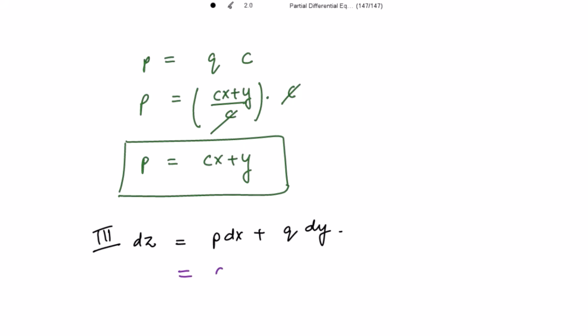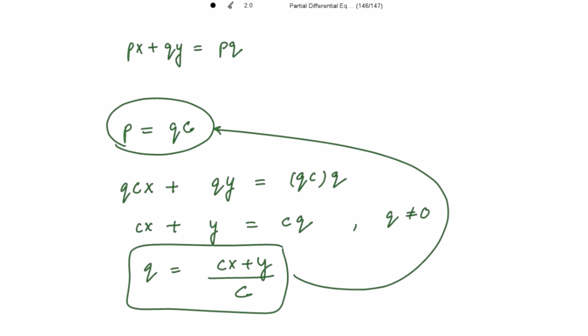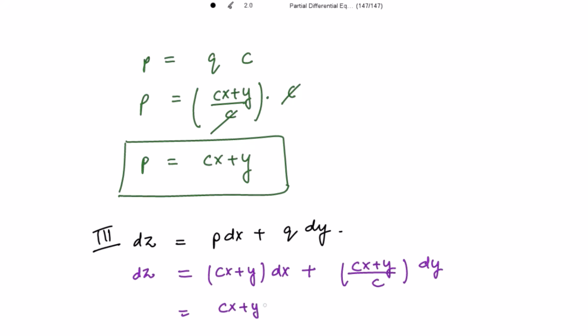What is p? It is cx plus y dx plus q is cx plus y divided by c. Cx plus y into c dx plus cx plus y dy whole divided by c, and I am going to take this c to the other side.